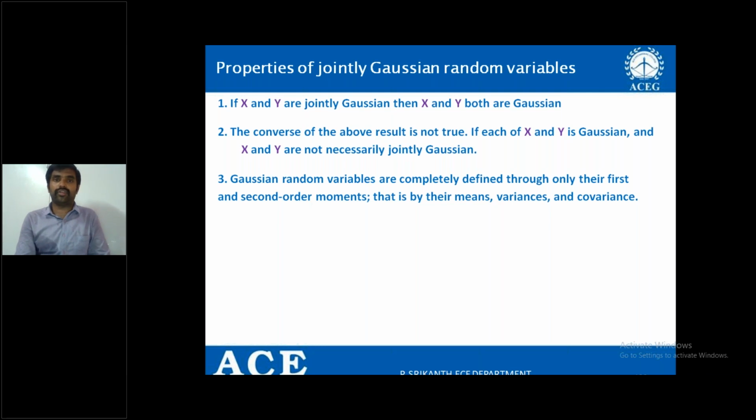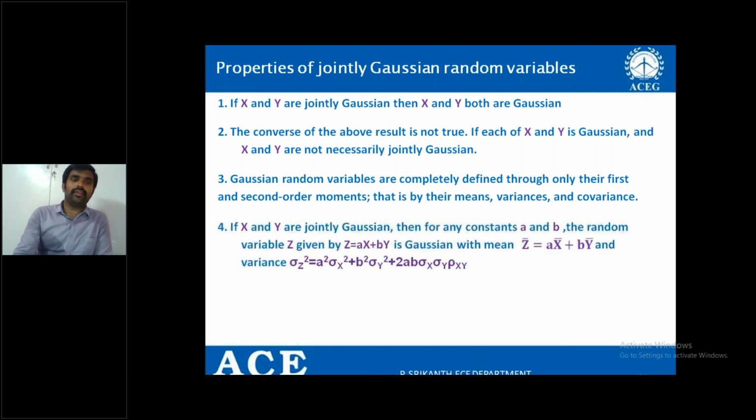Just now we have seen the definitions. That is, using only mean values and variance values, we are defining the density functions. We are not taking the help of third order moments like skew and all, right? That is, by their means and variances and covariance.